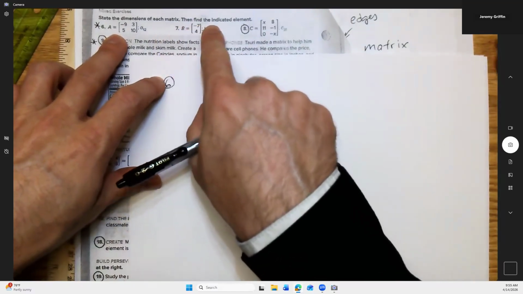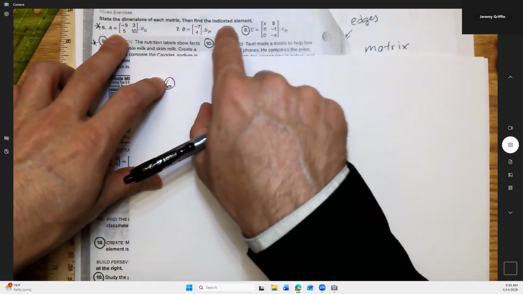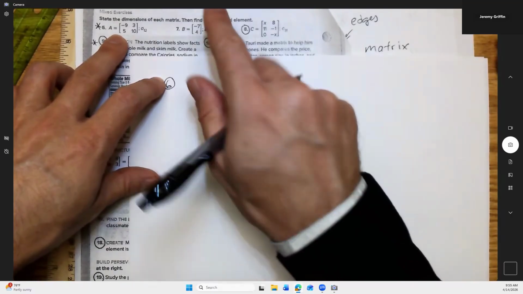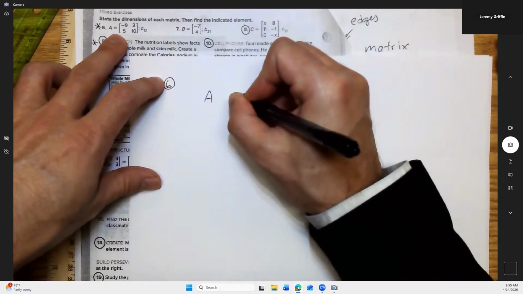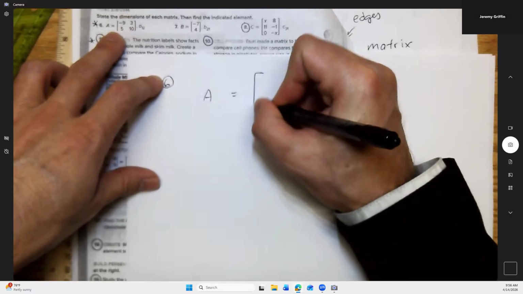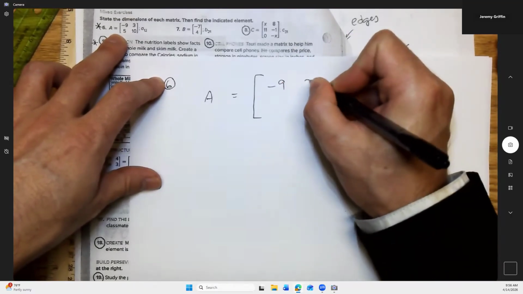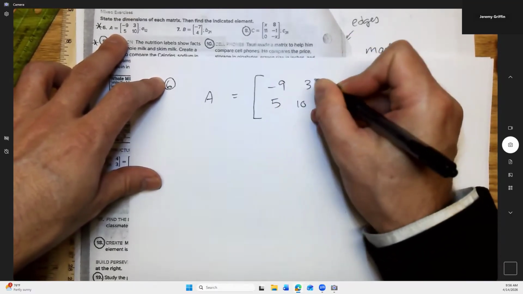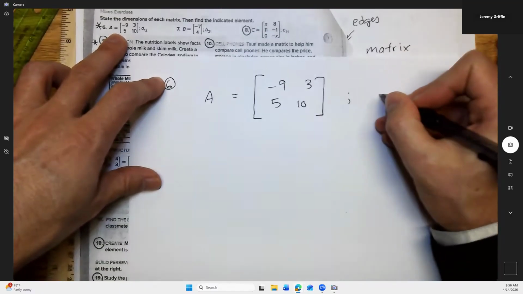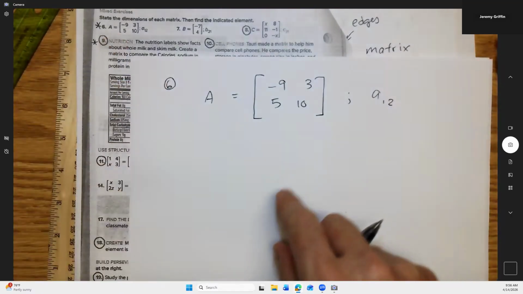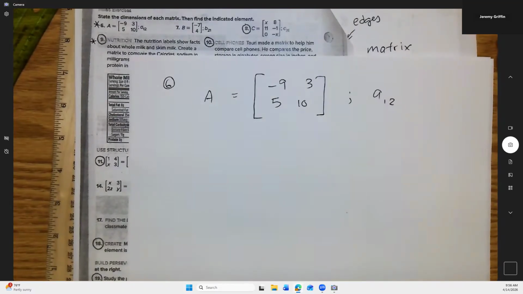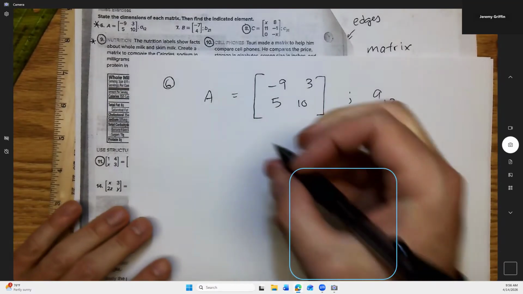State the dimensions of the matrix and find the indicated element. We have matrix A: bracket -9, 3, 5, 10. They want you to find A1,2.